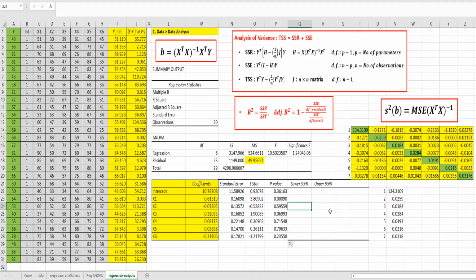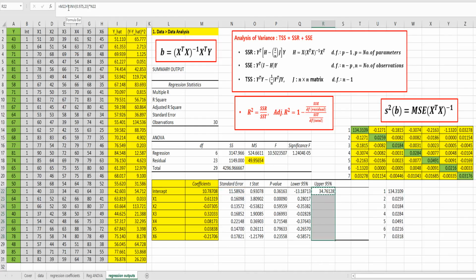Anyway, let's get the lower bound and upper bound. So coefficients minus T.INV, probability as 0.975, degrees of freedom as 23, and times standard error here. Okay, then we can use this formula for the upper bound, but we need to change the minus sign to a plus sign.